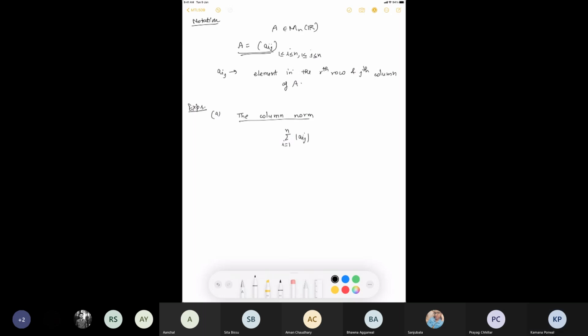Okay. And then I'm going to take the maximum over columns. And this I'm denoting with a subscript 1, so we'll have these parallel lines, and in the subscript I'm using 1 here. Okay.